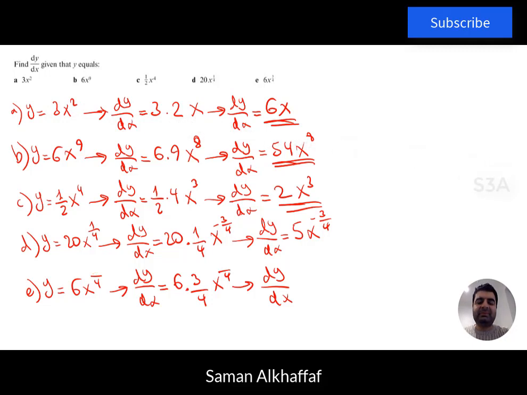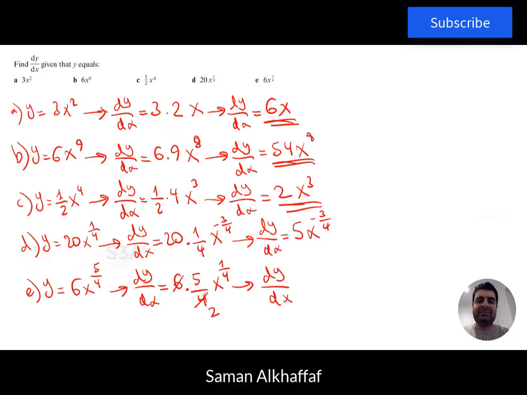So here we would have 5 over 4, and 5 over 4 take away 1, it would give us a quarter. And in this scenario, you can divide both terms by 2, so you'll be left with a 2 here and a 3 here.